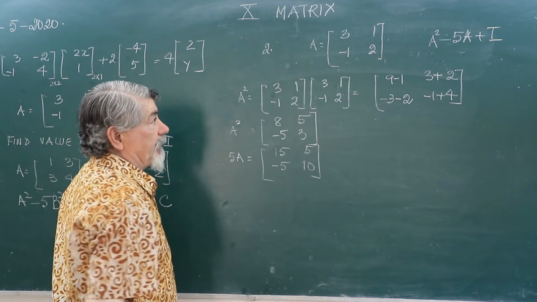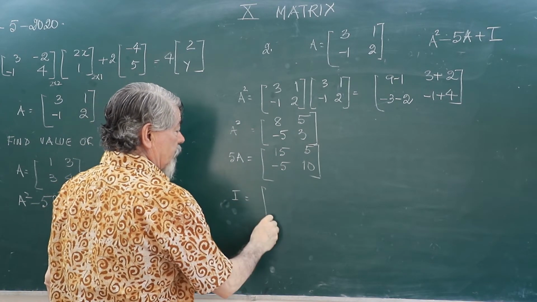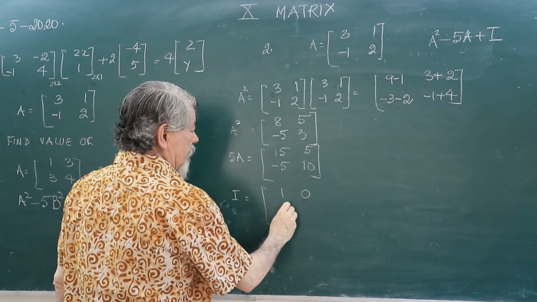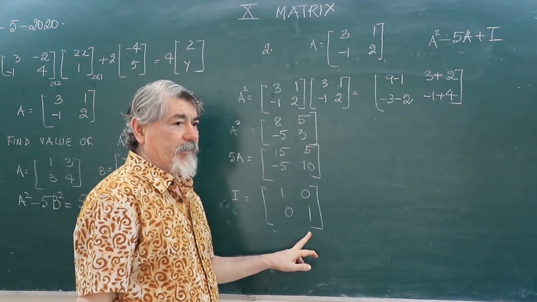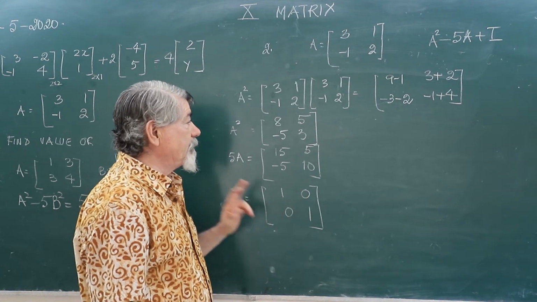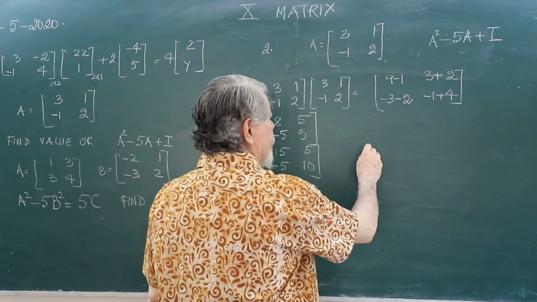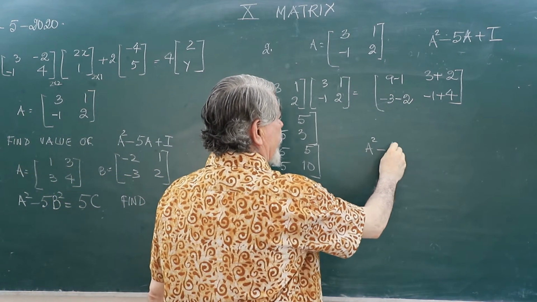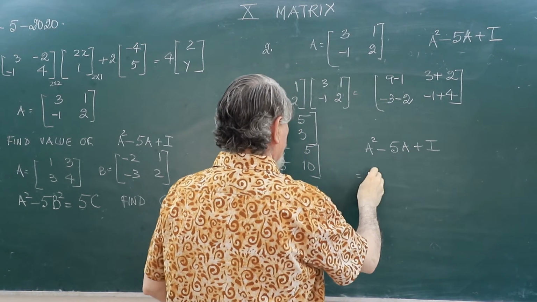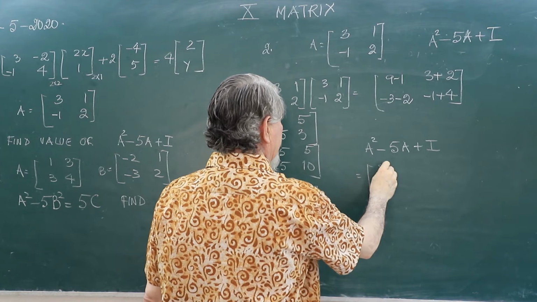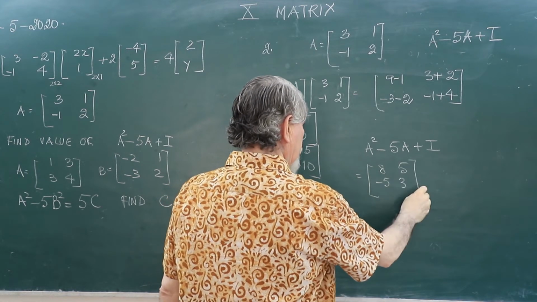I have got 5A. And then I is a unit matrix of the same order, 1 0 0 1, where the principal diagonal elements are 1 and the remaining elements are 0. Now let us find out A square minus 5A plus I. I know the value of A square, I have already calculated: 8, 5, minus 5, 3.